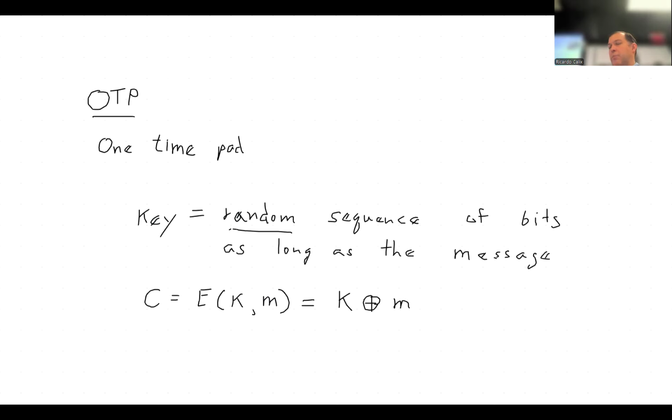Now I'll give you a little bit of the history. This was first proposed by Claude Shannon. Have you heard of Claude Shannon? You should know about him. Very interesting character. He was a genius. He invented information theory. He coined the term bit, as in bits and gigabytes and all that.